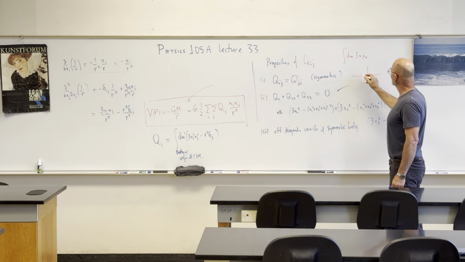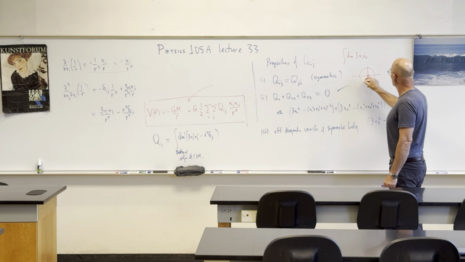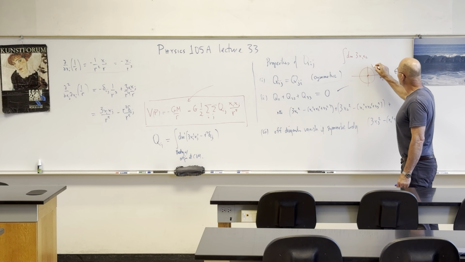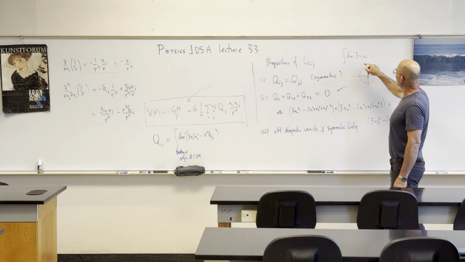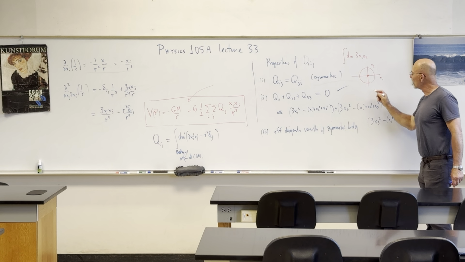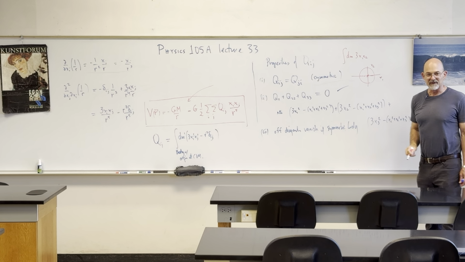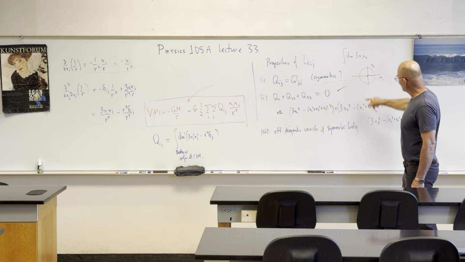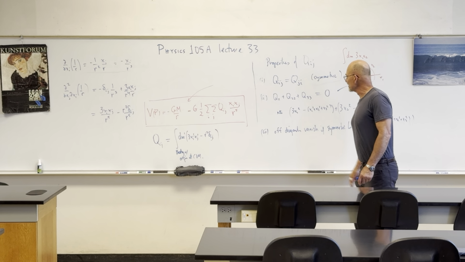It's a disk. Okay. x1 and x2. You can imagine pulling the x2 out of the integral and integrating over x1 from one side to the other, and you're going to have a 0. Okay. So symmetric bodies, the off diagonals vanish.